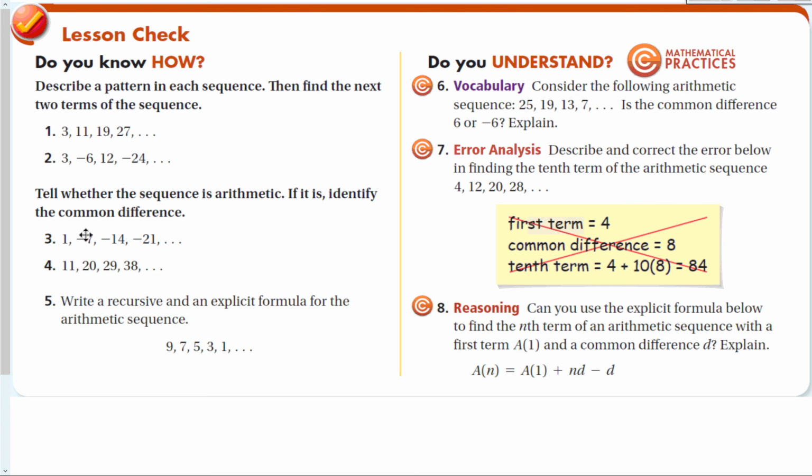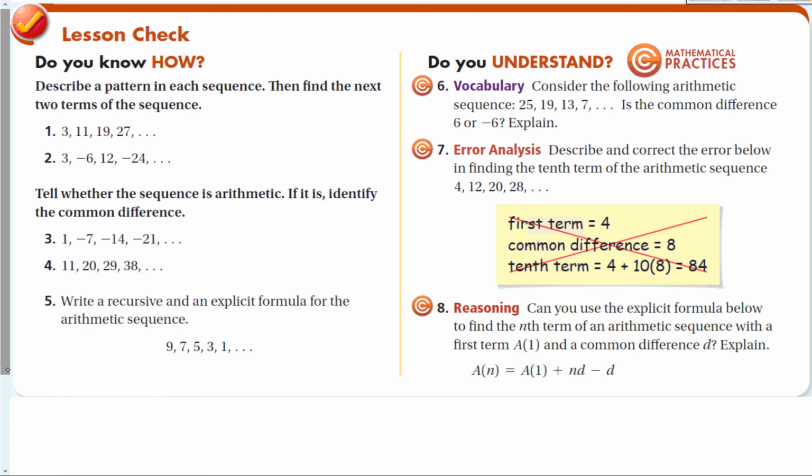3 is not an arithmetic sequence because the difference here is -7, but here the first one is -8. For 4, it is, and the common difference is 9.